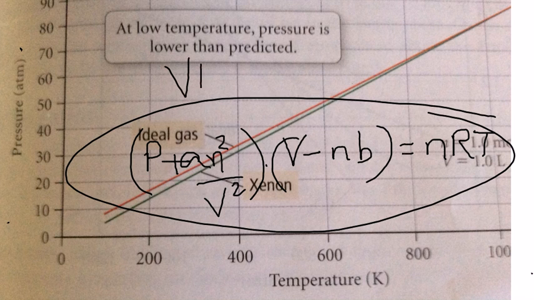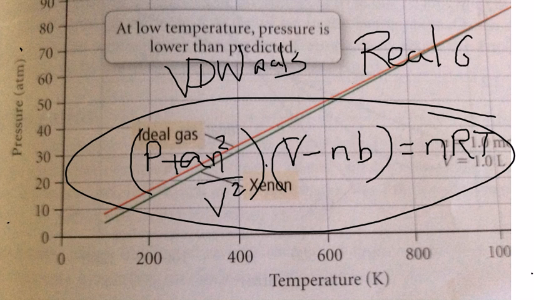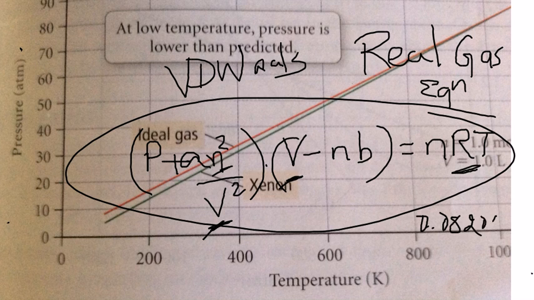That is the new equation, which will be called the van der Waals equation, and sometimes also called the real gas equation, where P is the pressure, a is the pressure correction or force of interaction correction, b is the volume correction, n is the number of moles, capital V is the total volume of the gas, R is the gas constant, which has a specific value of 0.08206, and T is the temperature in Kelvin.